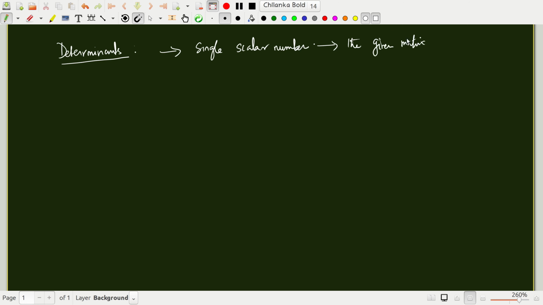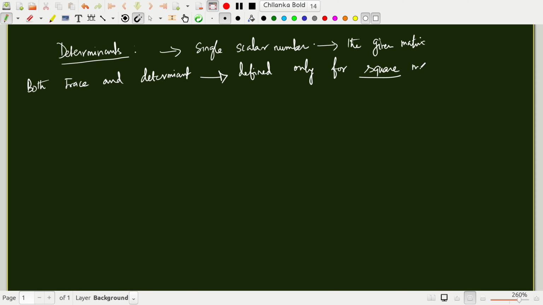One important thing: both trace that we discussed last module and determinant are defined only for square matrices. That is, the number of rows should be equal to number of columns, n by n. You cannot have m by n or n by m.